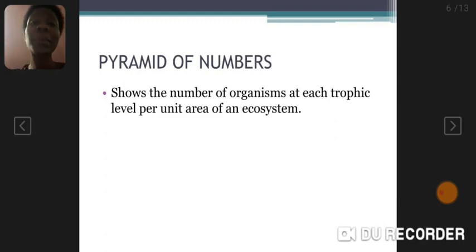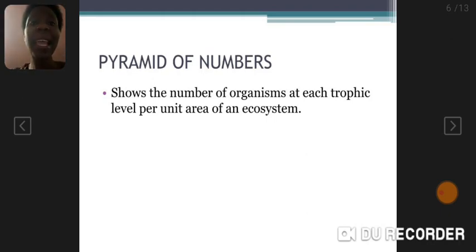Or you can even study across the different trophic levels, but basing your sampling on a unit area. From there you'll be able to make judgments, or predictions of what the total number will be in essence.